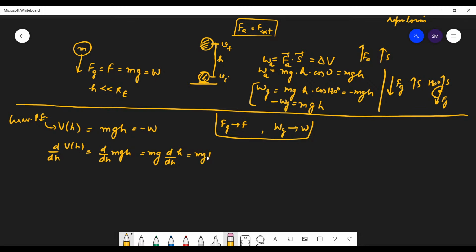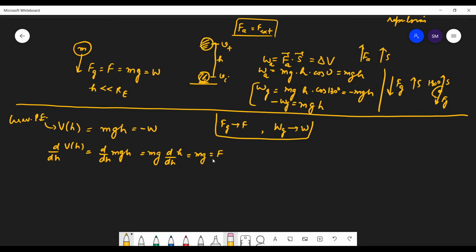So that is mg times 1, which means mg. So now this is equal to minus F_g, and that is equal to mg, and mg is the force, right?